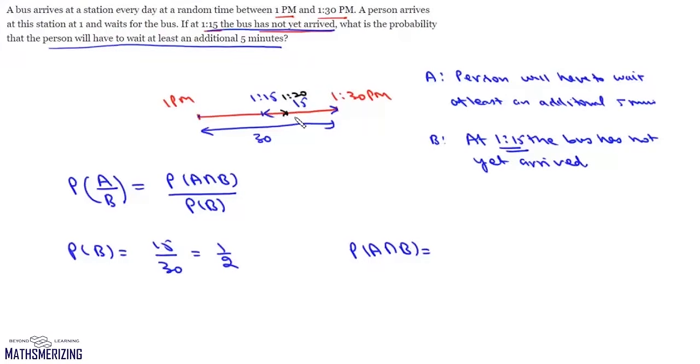So in this case, this favorable case corresponds to this interval of length 10. So this probability will be simply 10 by 30, which is 1 by 3. Now this conditional probability P(A|B) will be P(A intersection B), which is 1 by 3, upon probability of B, which is 1 by 2. So the required probability is simply 2 by 3, and that is the answer to this question.